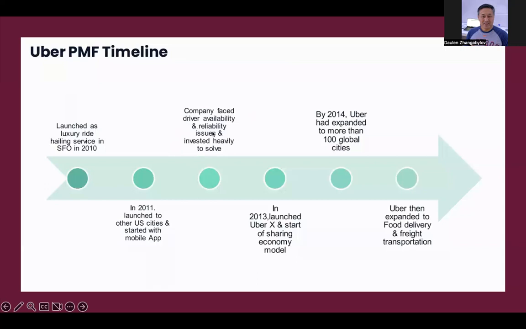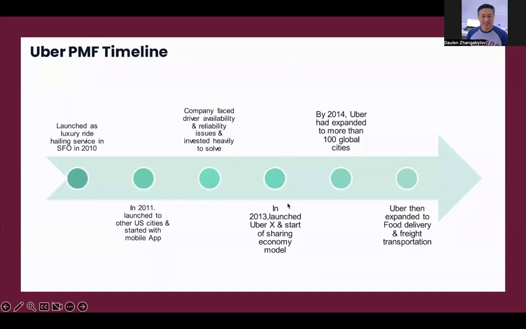So they spent a lot of money trying to resolve this issue with reliability in drivers. So in 2013, they launched UberX and started sharing, which basically moved to the current economy model, cheap car. That was the breakthrough in 2013.